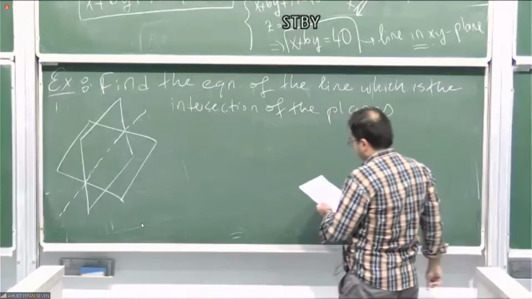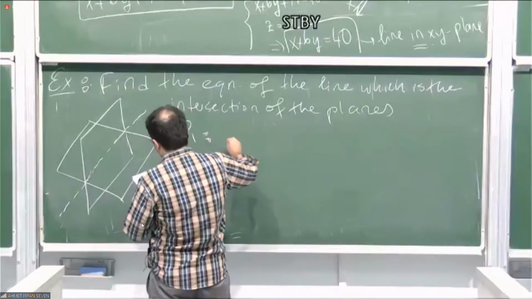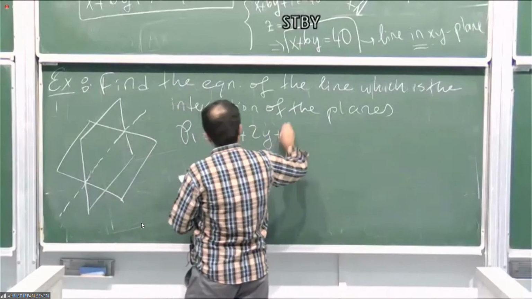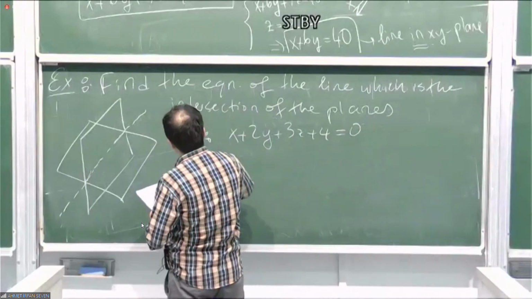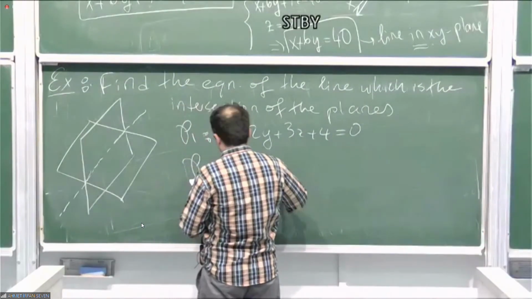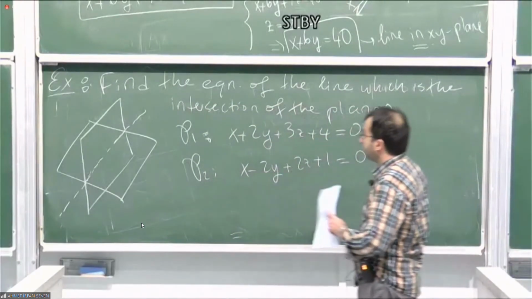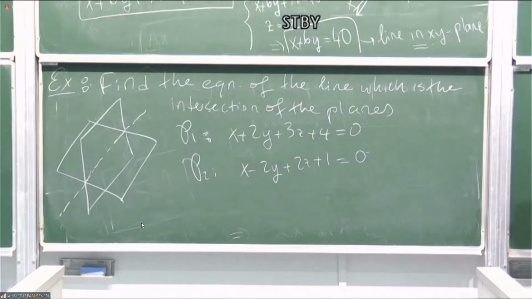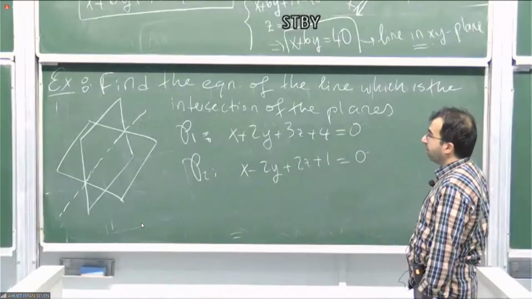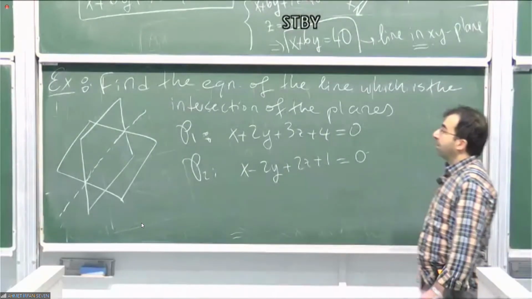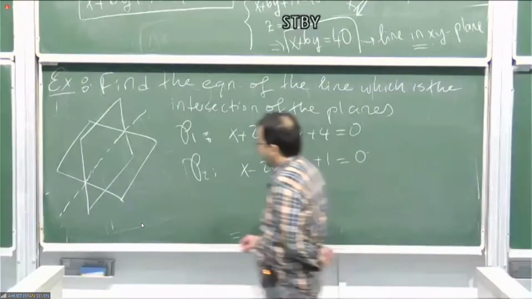Two planes, P1, whose equation is x plus 2y plus 3z plus 4 equals 0, and P2, x minus 2y plus 2z plus 1 equals 0. All right. Two planes, and we want to find the intersection, which is going to be a line. Okay. Solution.